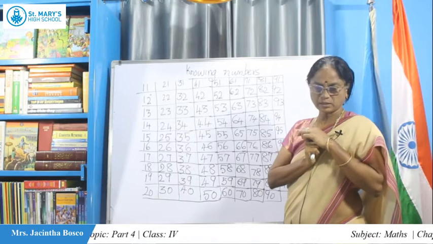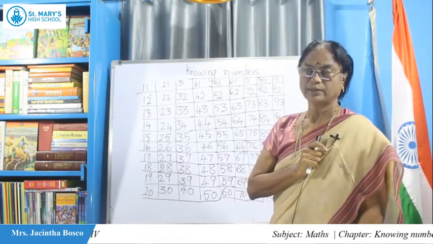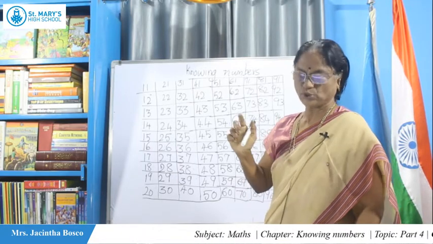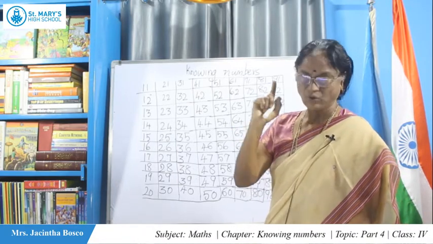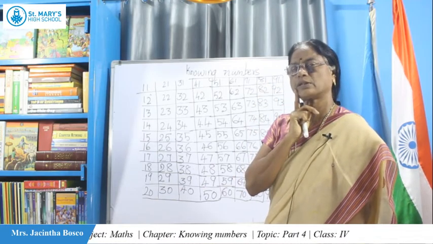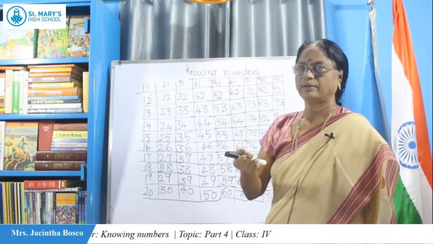See there, twice the digit in the units place. Suppose you take 1 in the tens place. Then the units place, how much will it be? 1 plus 1, double, 2.